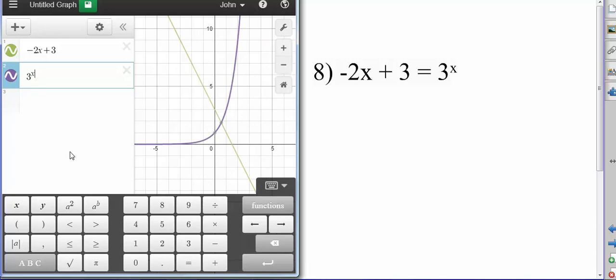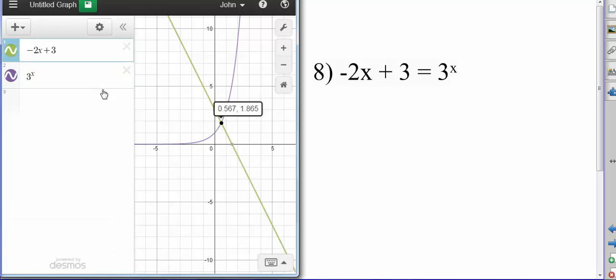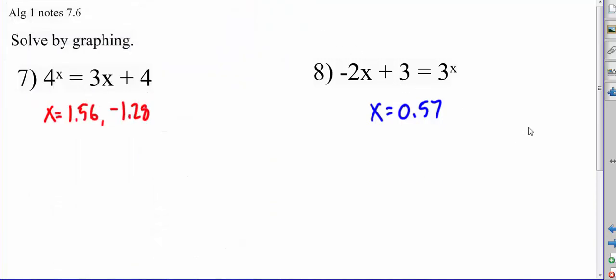Now you'll note this time that there's only one intersection. It's that point right there. So we would just say x equals 0.57, nearest hundredth is okay. But again, those values are just coming straight off of the graph. And it's only x values. We don't have to worry about y values here.